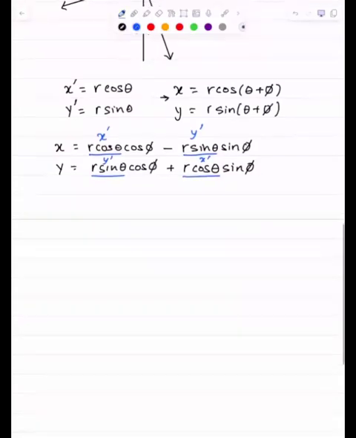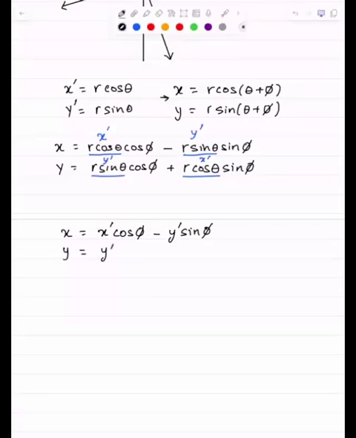And we have our first set of equations. So x is x prime cosine phi minus y prime sine phi, and y equals y prime cosine phi plus x prime sine phi.